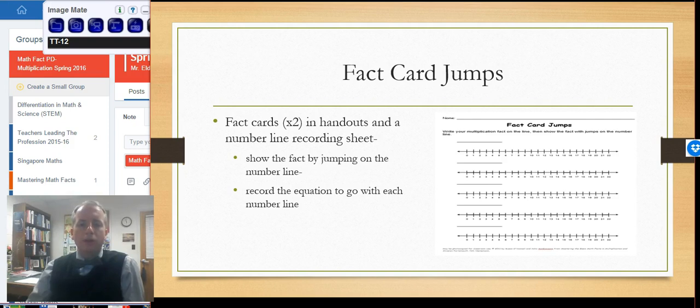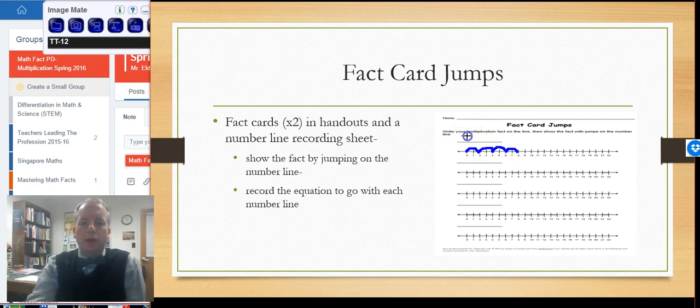It's called fact card jumps. So they're writing their multiplication fact on the line above the number line and then drawing it out. So if I got 4 times 2, then I might draw 4 groups of 2, right? So I'm going to go use my little pen here. So I've got 1 group of 2, right, and 2 groups of 2, and 3 groups of 2, and 4 groups of 2.